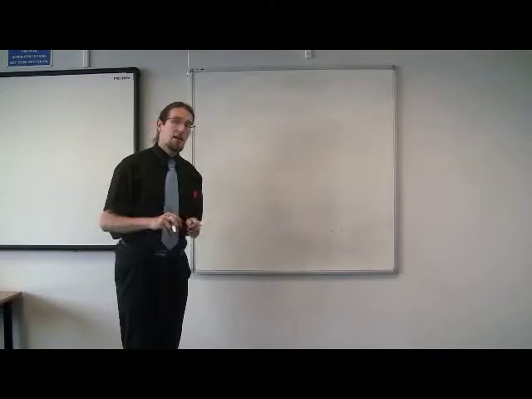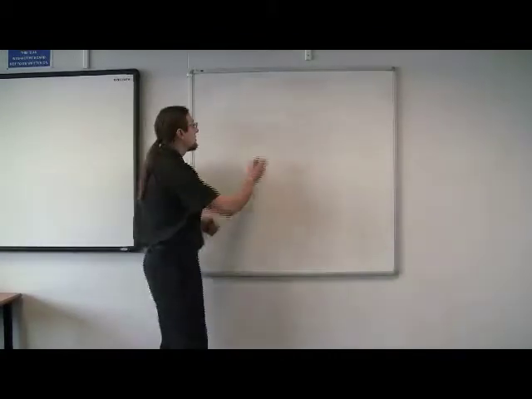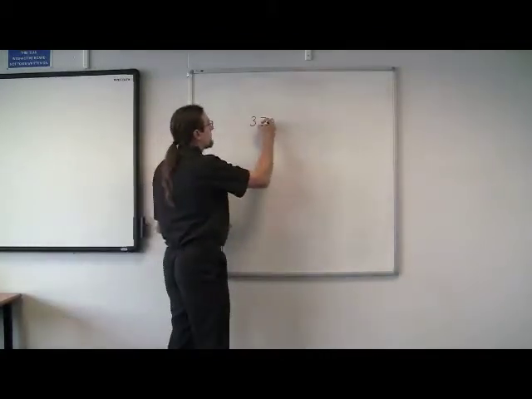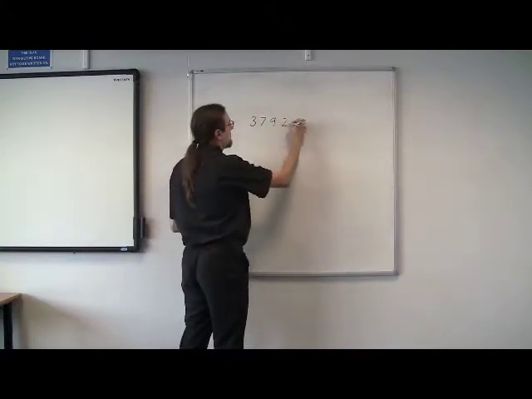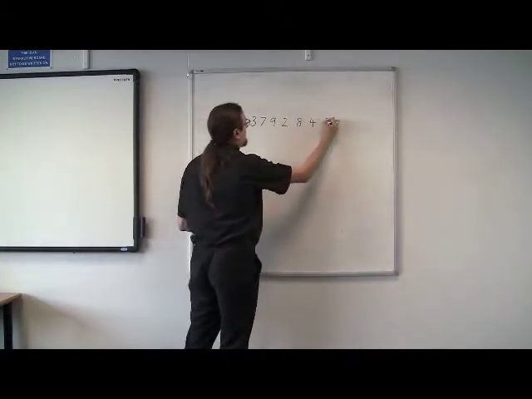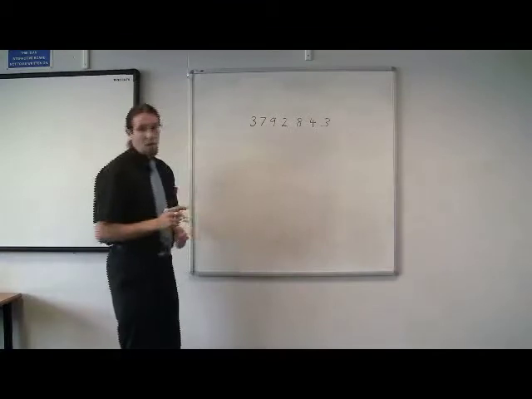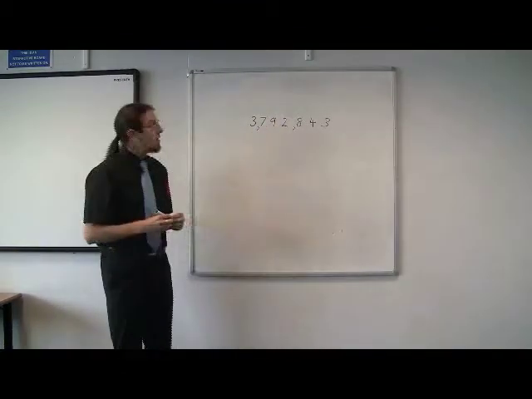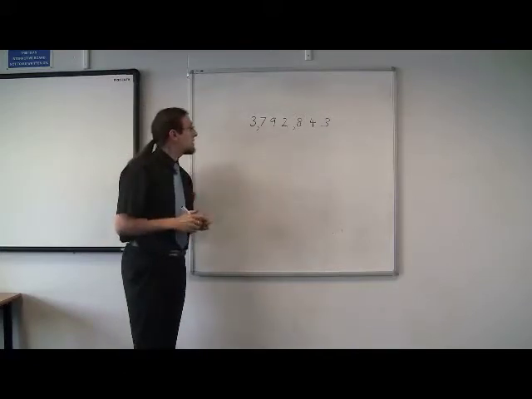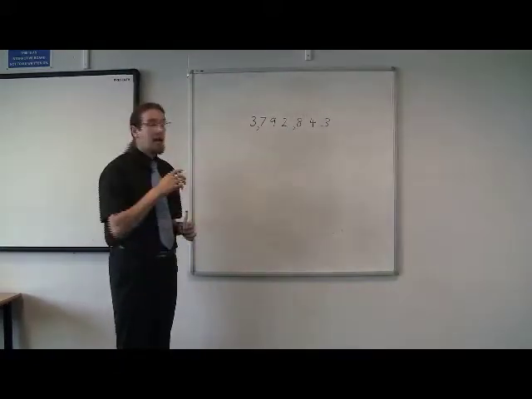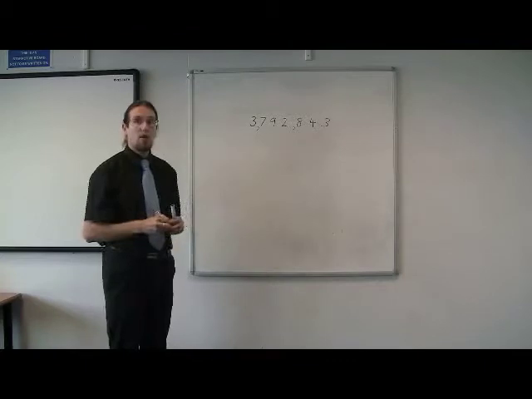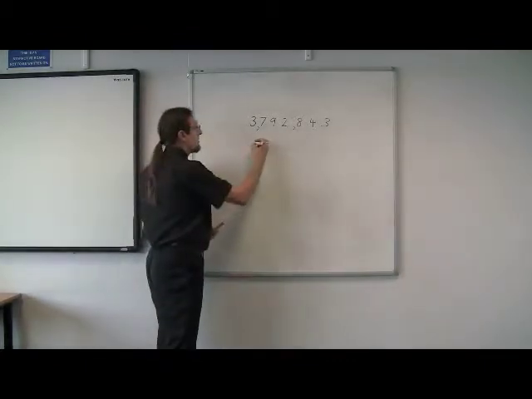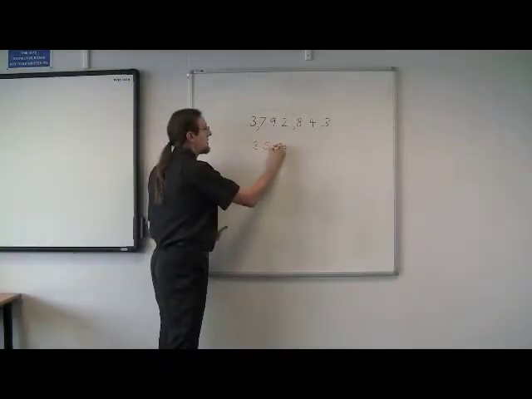So let's have a look at an example with an extremely large number. If I put commas in, just to make this easier to read, here we have 3,792,843. We're going to attempt to round this to 3 significant figures.